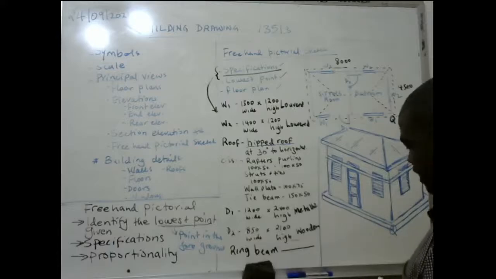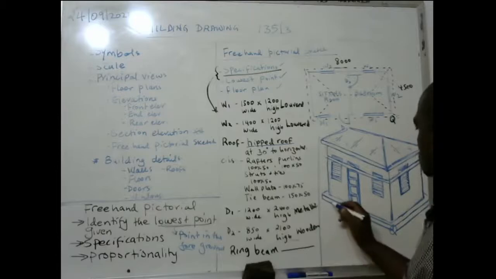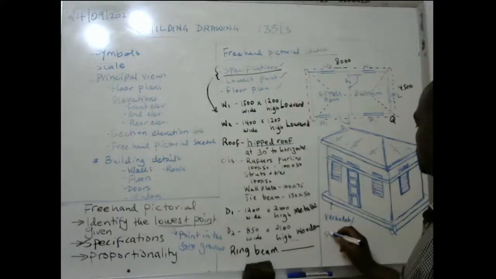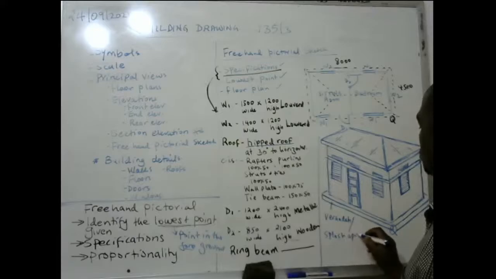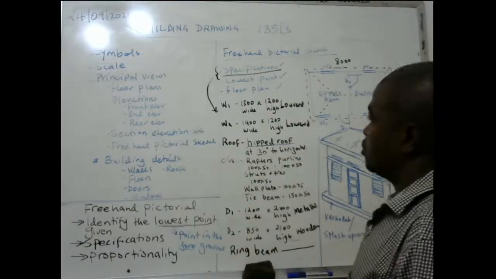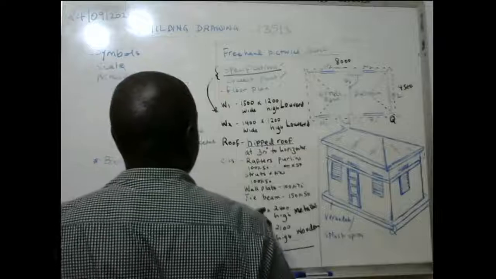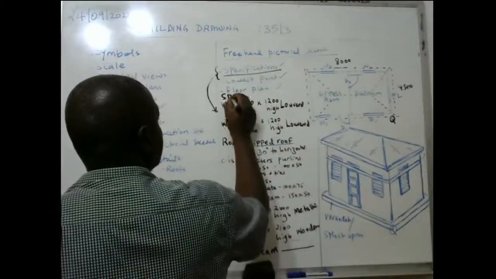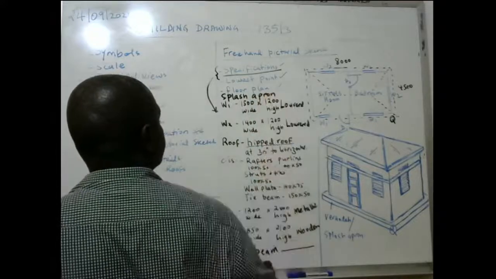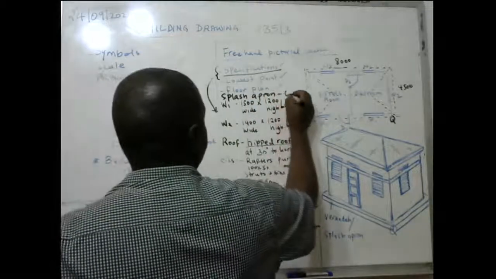And then this one is the veranda. Or sometimes we just call it the splash apron. It is a splash apron. It is also usually given in the specifications here. It is usually 600.